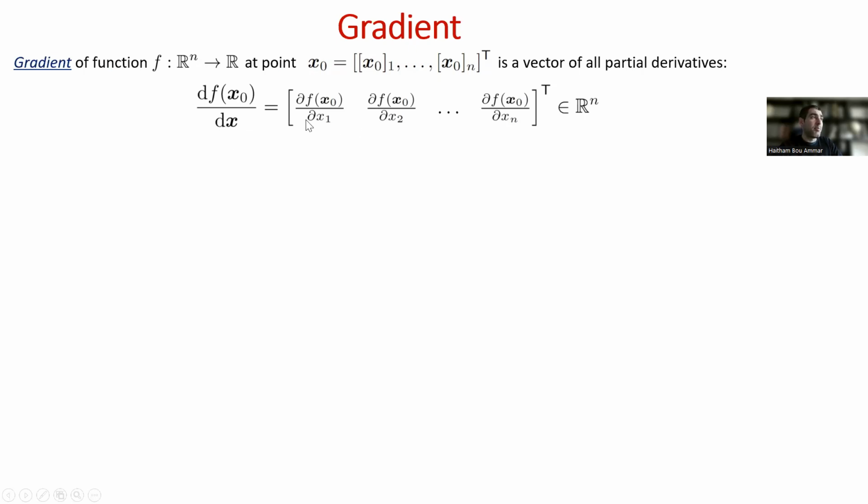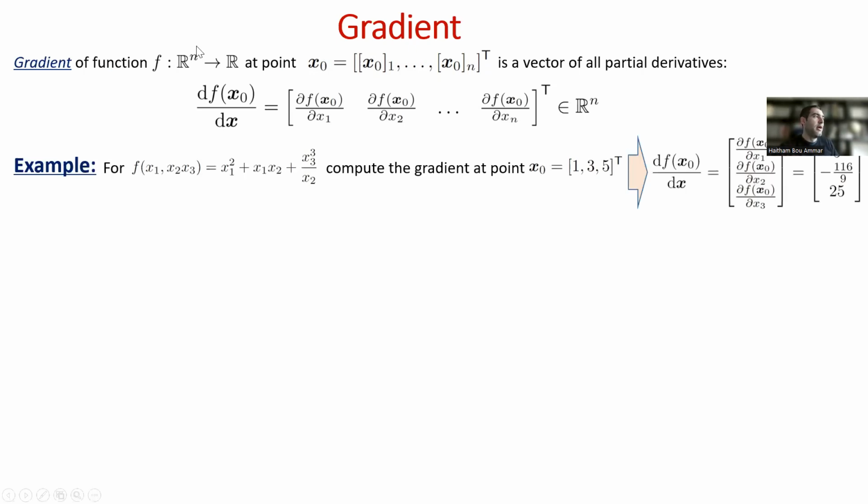The reason is that it combines all the partial derivatives of that function, and the number of partial derivatives is equal to the number of components in the input vector x. So if we have an n-dimensional vector, it has n components, and with respect to each of the components we compute the partial derivative, and therefore the gradient will also be an n-dimensional object, an n-dimensional vector.